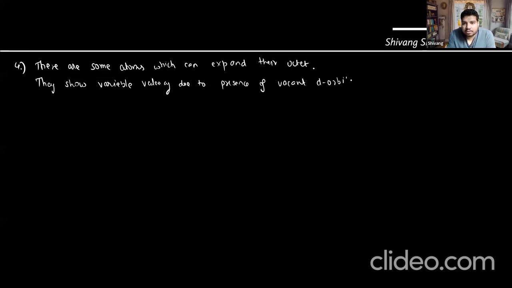They can expand their octet. They show variable valency, variable oxidation numbers. What is the reason? Due to presence of vacant d orbitals. Okay, they show variable valency due to the presence of vacant d orbitals.